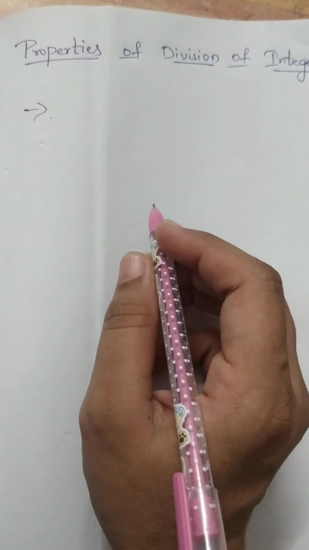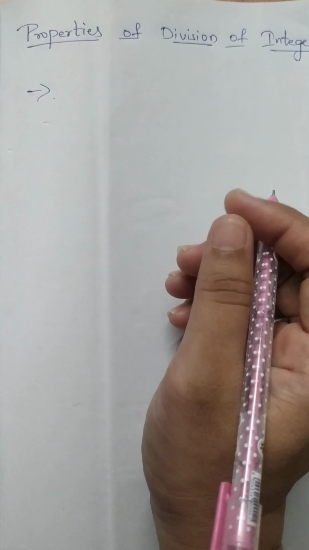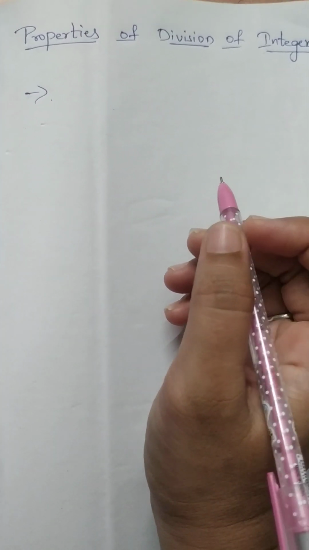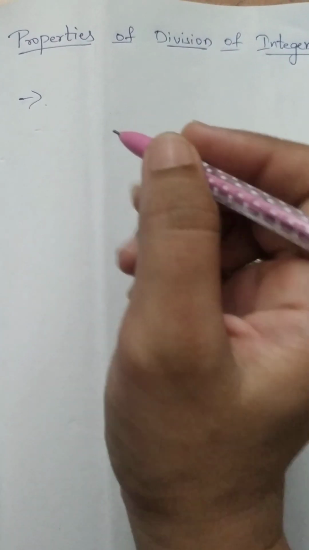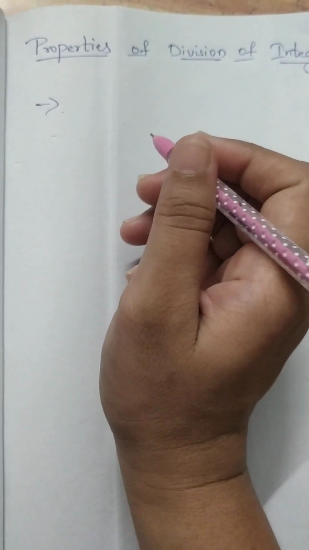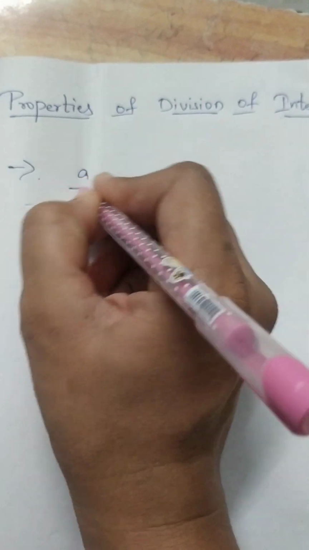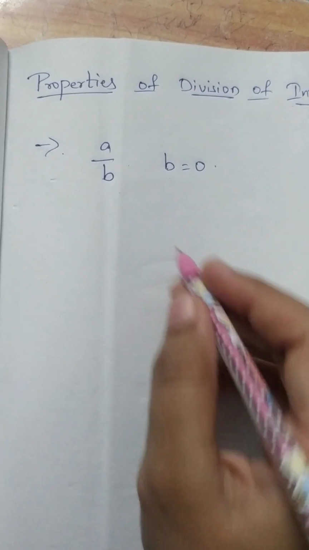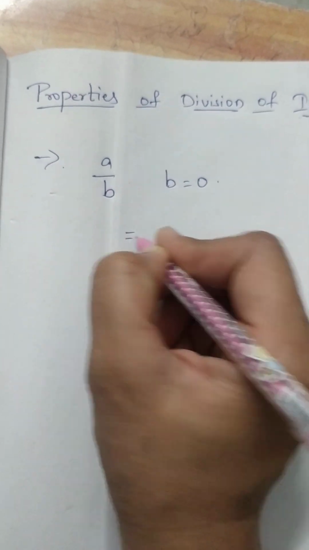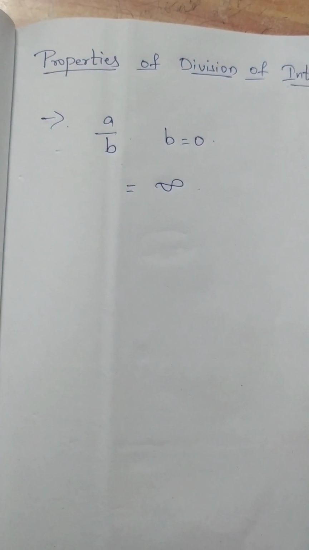Now, when you are learning the properties of this, commutative and closure usually don't vary, but there is one thing, as I told you in the last class, that the denominator should not be 0. Why should it not be 0? Because, children, a by b, if b is equal to 0, then the answer is undefined.